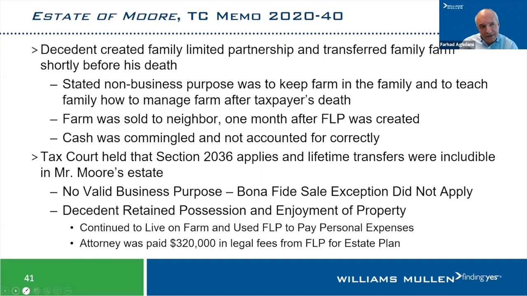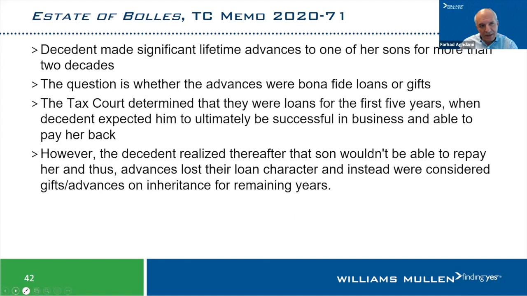If we go to the next slide, there's the Bowles case. And I see this in my practice a fair amount. A parent will make loans to their child to maybe help them start a business, and they'll continue to accrue interest on those loans. And over time there may be some repayment, but certainly not repayment in full.